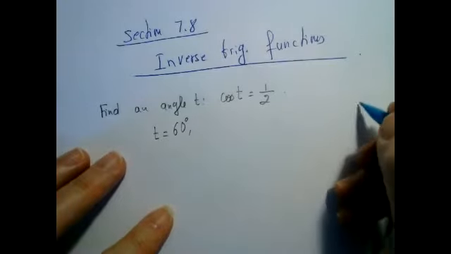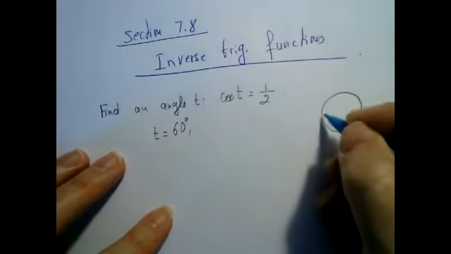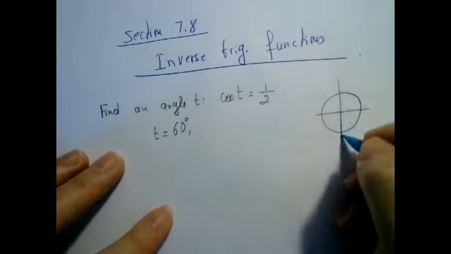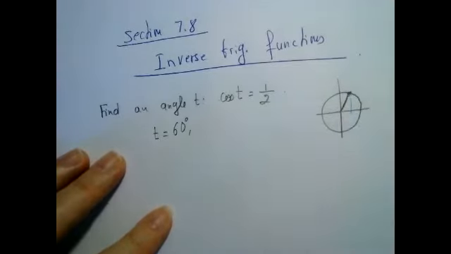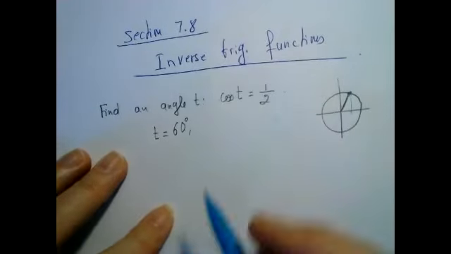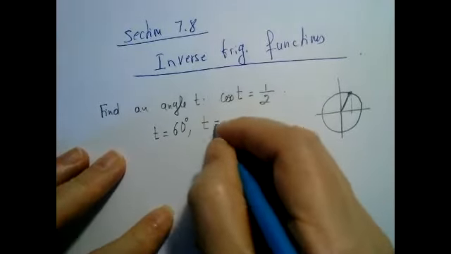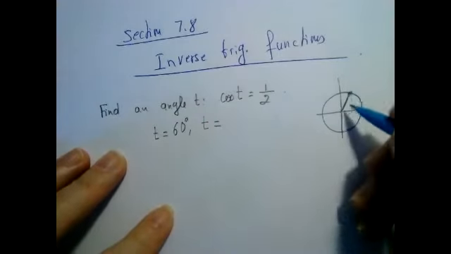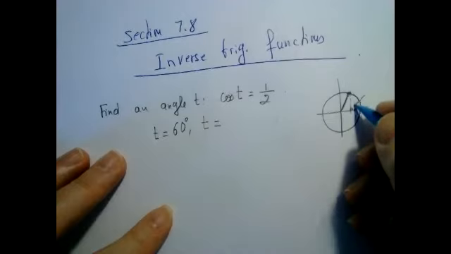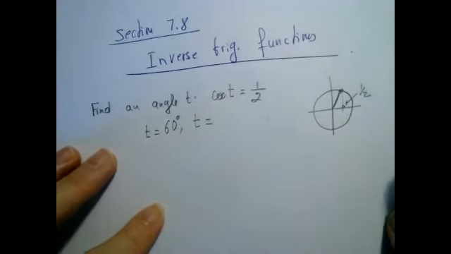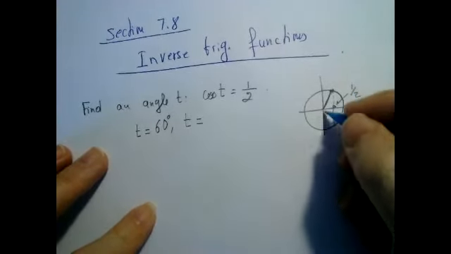Now, who can give me another one besides 60? 120? No, I want the cosine to be 1/2. Right, we have to go down here.